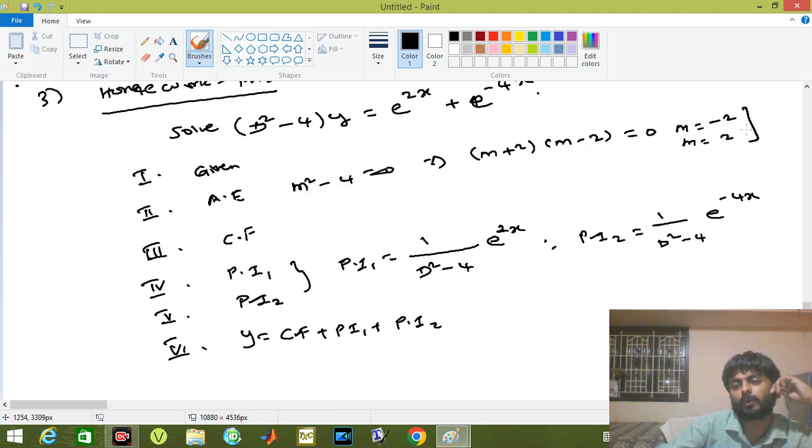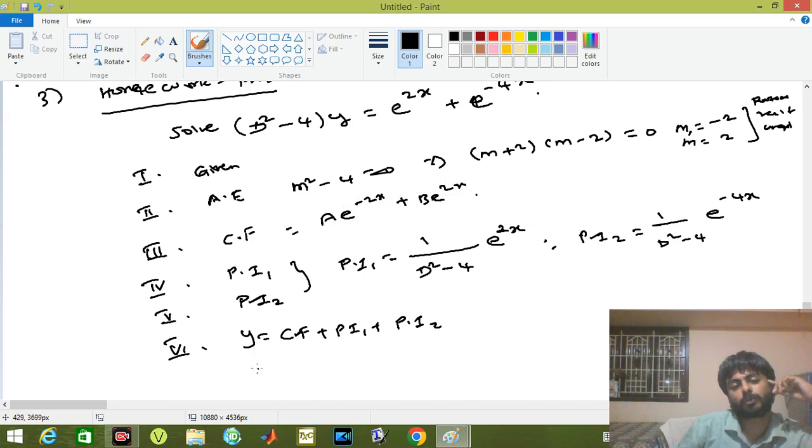So you have to write the roots are real and unequal. So your complementary function will be a e power m1x, that is m1 equal to minus 2, a e power minus 2x plus b e power 2x.